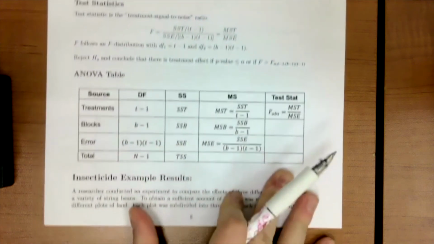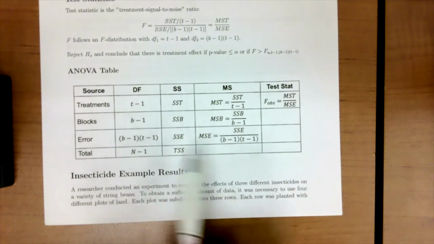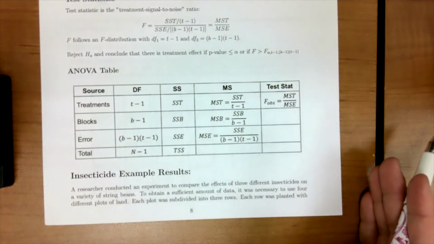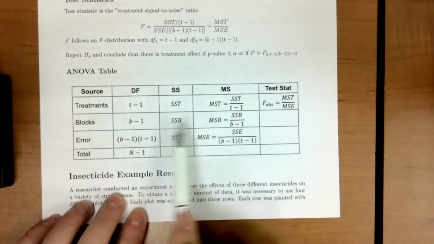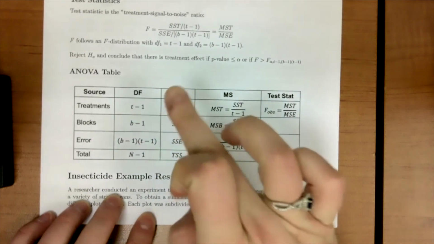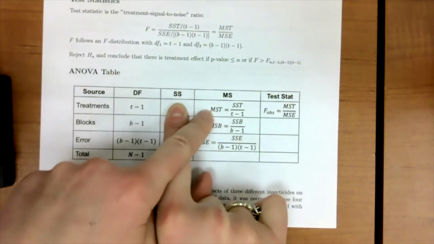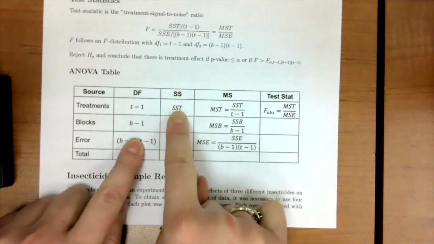Okay, here's our ANOVA table again. If I gave you some of these values for a test or a homework, I would expect that you would understand the relationship and be able to fill out the whole table. So if I was to maybe get rid of SST and give you the degrees of freedom and the MST, I would expect that you can solve for the SST.